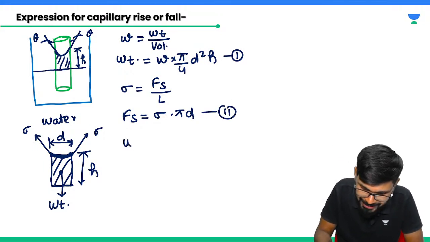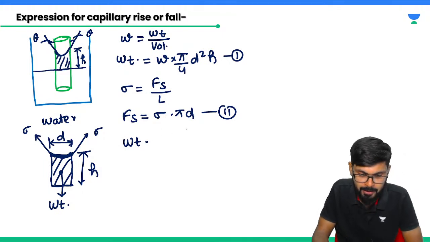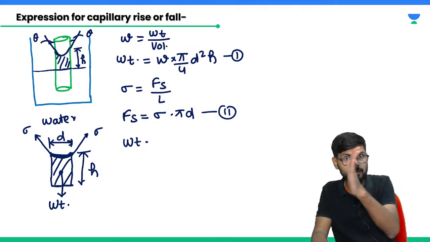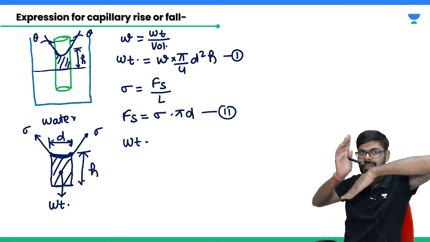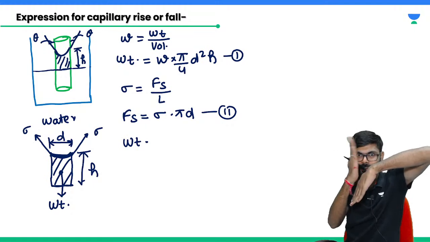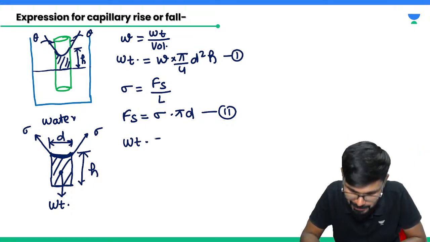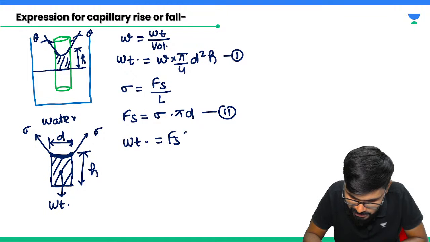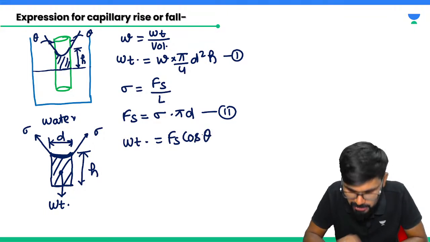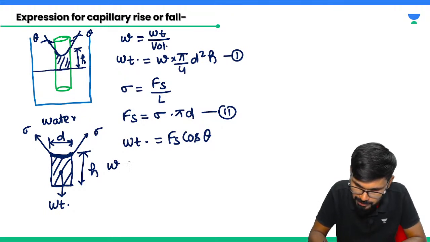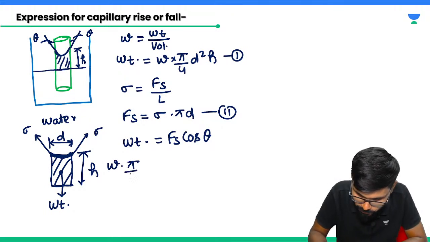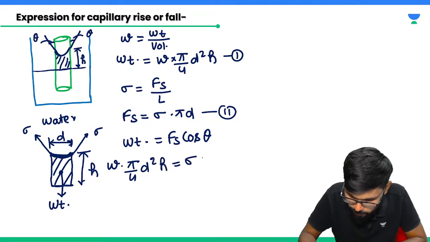Please listen carefully. The weight is going to be balanced by the vertical component, the cos component, because the angle is measured like this. So this is Fs cos theta. Now just put the values: specific weight into pi by 4 d square into h is equal to sigma pi d cos theta.